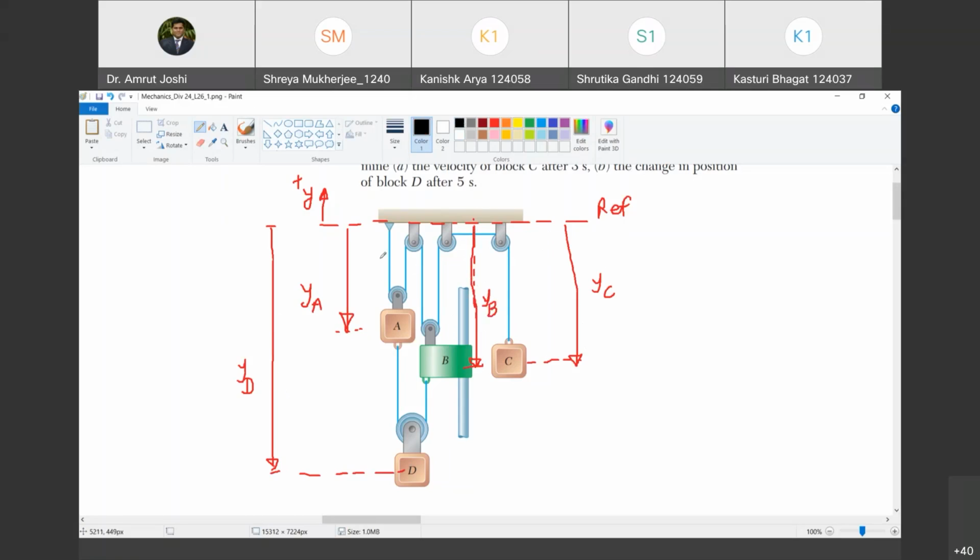Chalo, quickly now. Tell me the length of the first string. So this length is going to be YA minus some constant. So I will take it as YA. Are you with me? Yes, sir. Now, can you tell me how much will be this distance? This length? It will be YB minus YA.